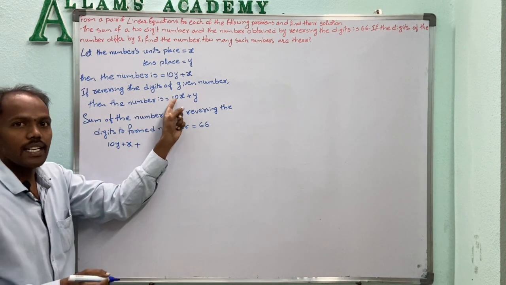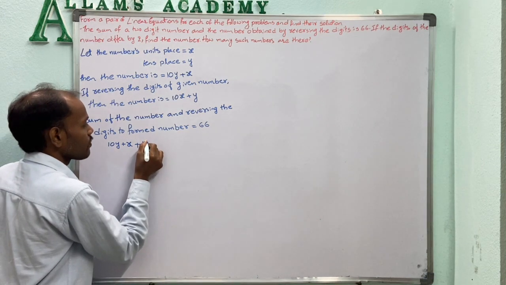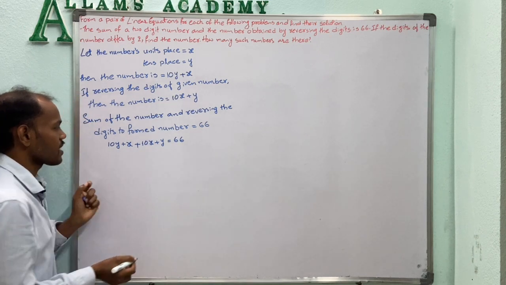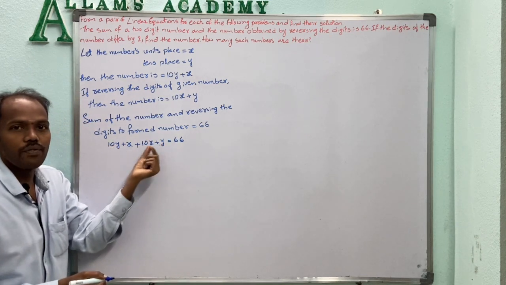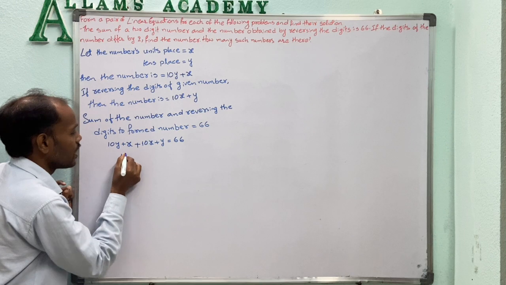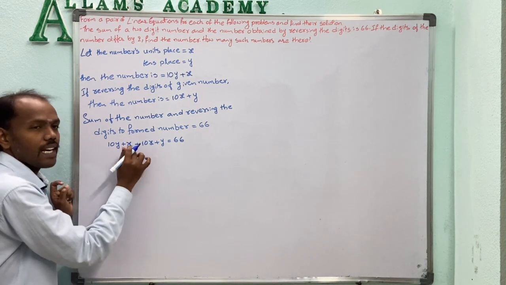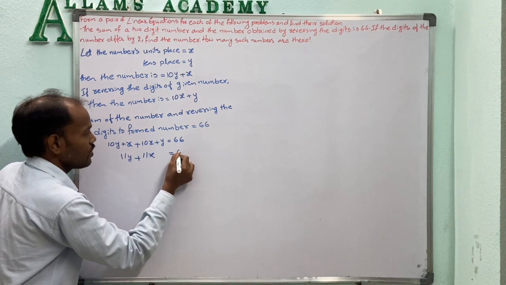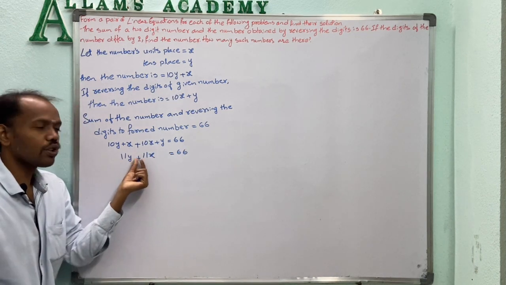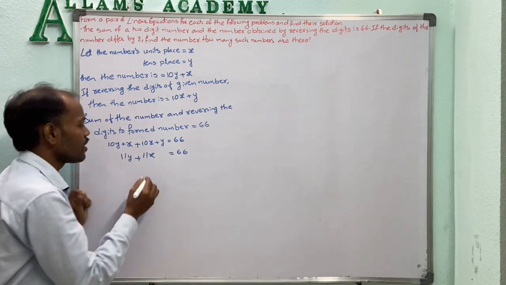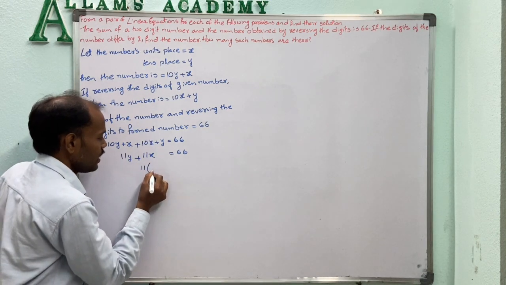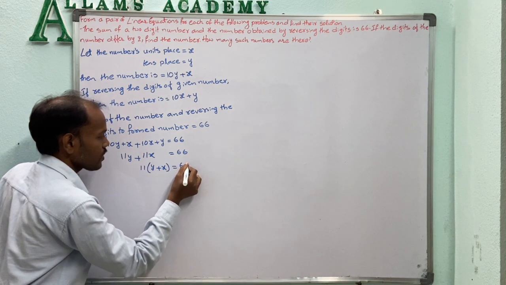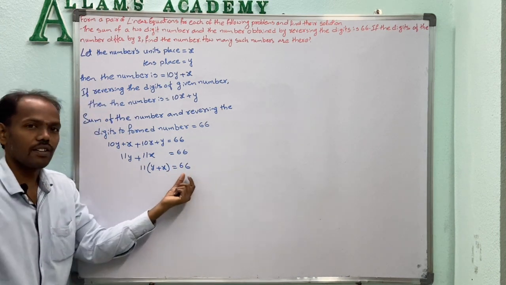plus 10x plus y equal to 66. So 10y plus y is 11y, and x plus 10x is 11x, equal to 66. 11 is common, so taking 11 common, 11 into (y plus x) equal to 66.